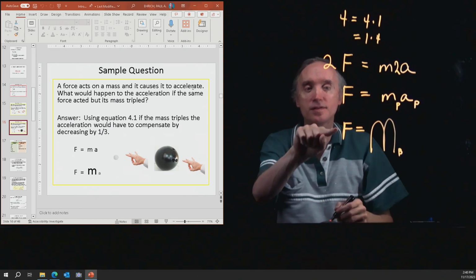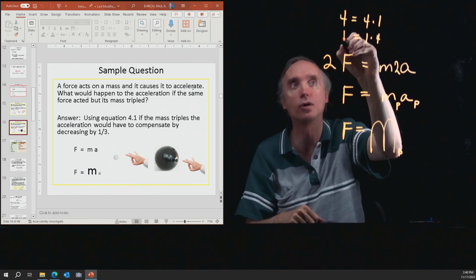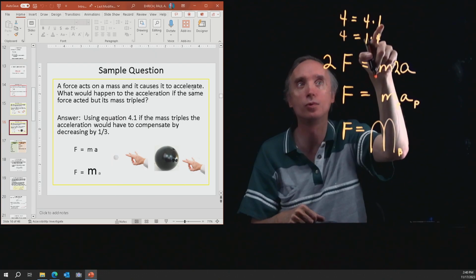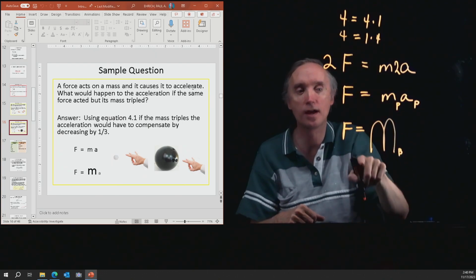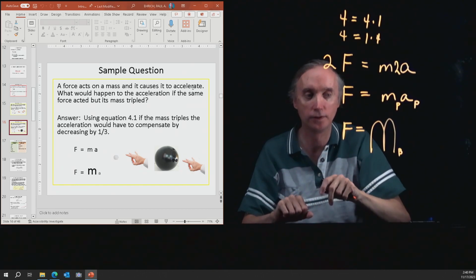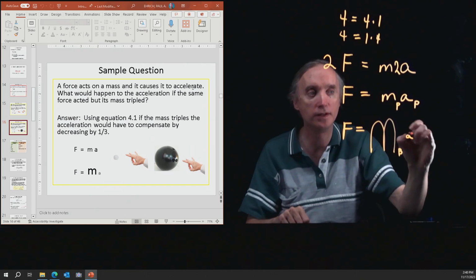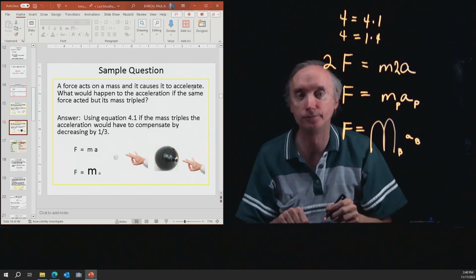Okay, because it's the same F. So this would be the same 4 up here. So 4 is equal to 4 times 1, but 4 is equal to 1 times 4. So it's the same F because you're giving them both the same flip. So that means that the acceleration is going to be small. So this would be the acceleration of the bowling ball.